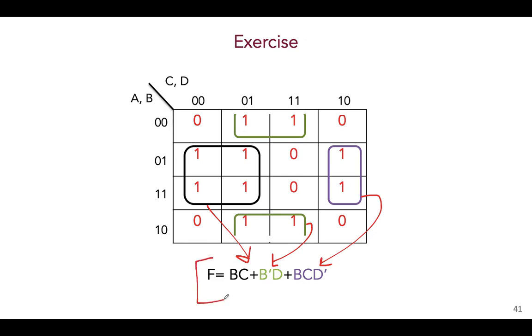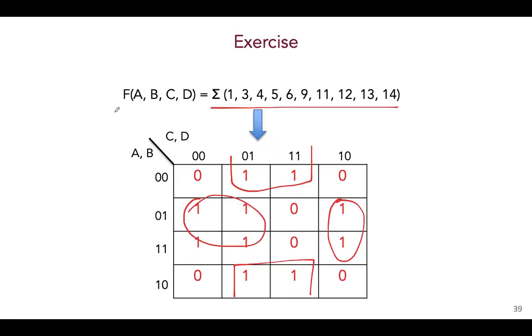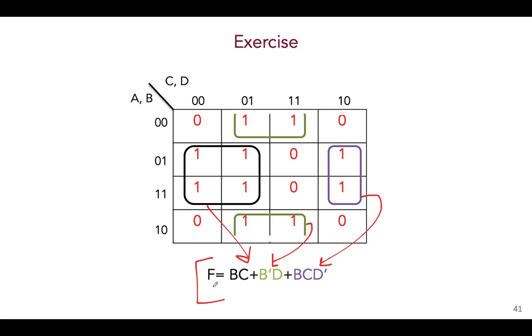This is how we simplify Boolean expressions. So either a truth table could be given to us or a simple expression like this could be given to us. The idea is we have to first draw a K-map, and then we have to start grouping the adjacent ones together, and then we have to give names to those groups, and that gives us the simplified expression.